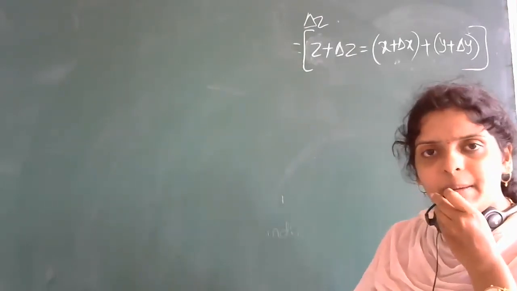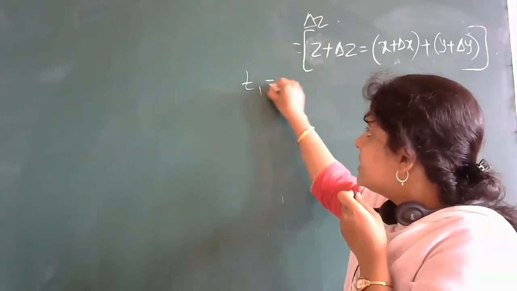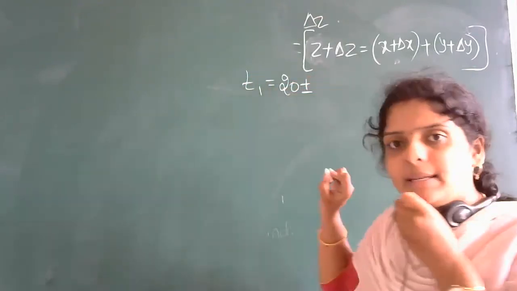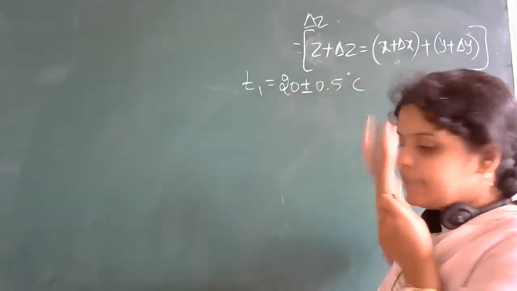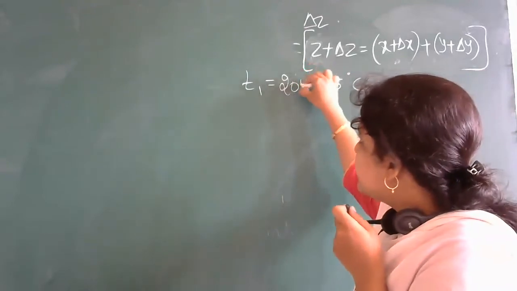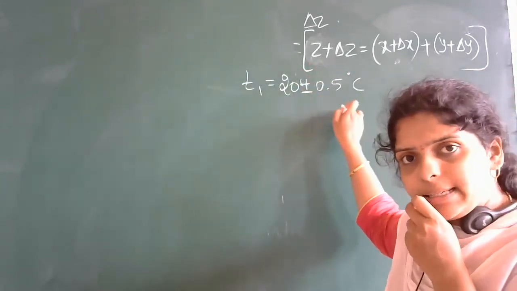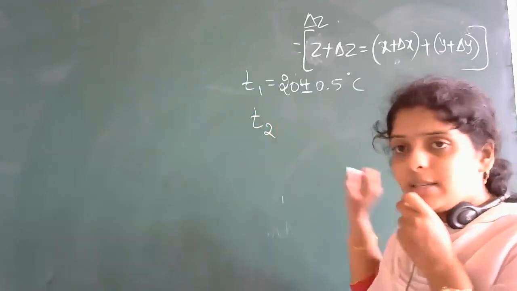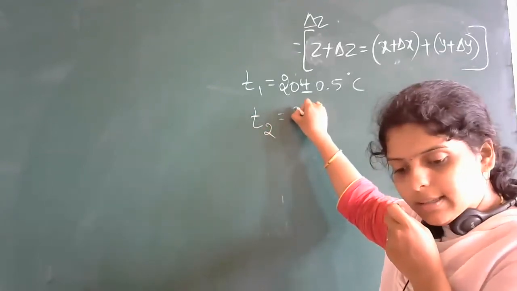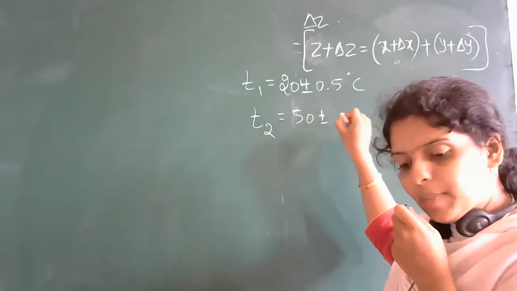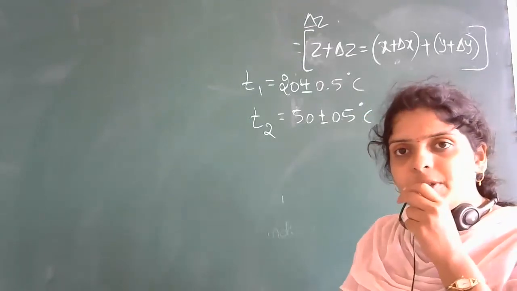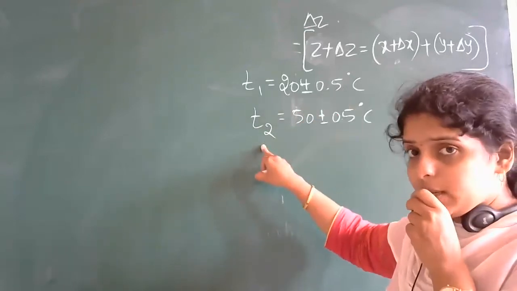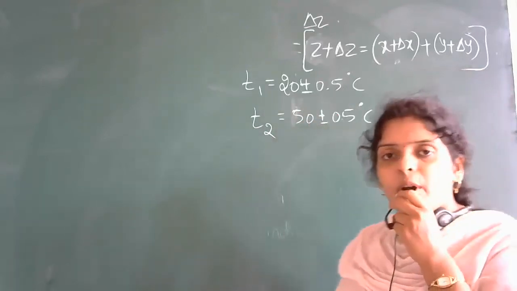T1 is equal to 20 plus or minus 0.5 degree Celsius, and the second body temperature T2 is equal to 50 plus or minus 0.5 degree Celsius.